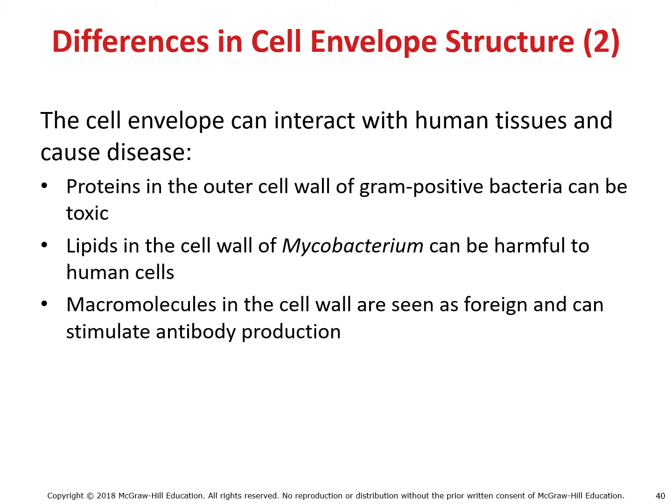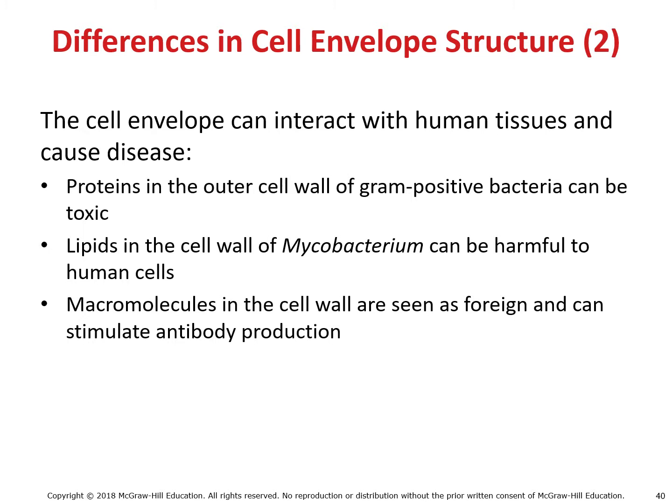The cell envelope, as we said before, is going to be made of a variety of things, but those things can actually interact with human tissues and cause problems. Proteins in that outer cell wall of gram-positive bacteria can be toxic, so we can view the gram-positive cell wall as being a threat and causing immune response.